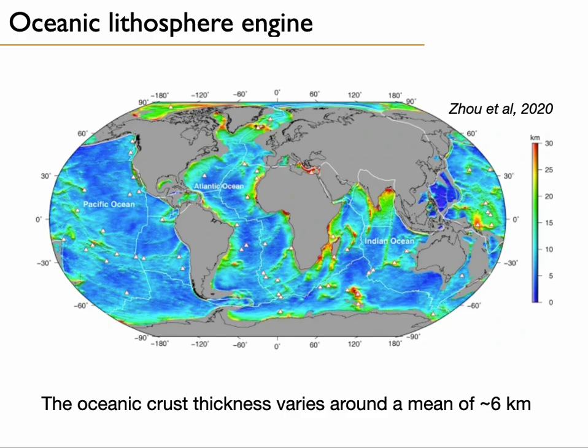The thickness of the oceanic crust varies. There is a mean of 6 kilometers with the typical structure we discussed before, the gabbro and the basalt, but in some locations of the Earth, extension at the mid-ocean ridges does not involve a lot of volcanism, and in that case, the crustal thickness can be 0.